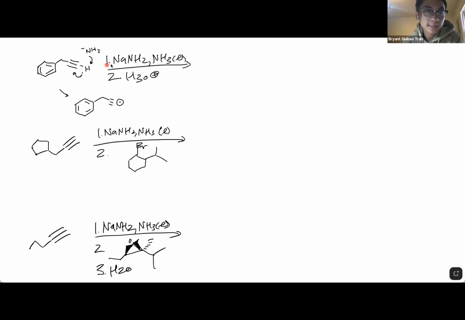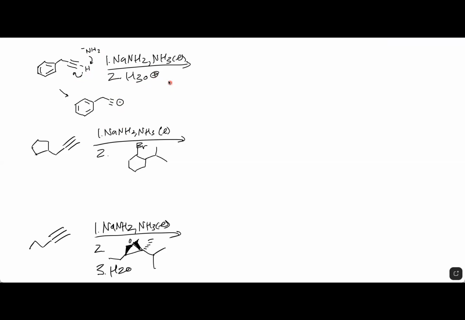That's right. First step, acid-base reaction. The strong base NH2 minus deprotonates the alkyne hydrogen and gives us this negative charge alkyne anion, which can be a nucleophile or base. Now let's bring in our second step of H3O plus, some kind of acid. It could have been H2SO4, H2O, but a proton source, H plus source.